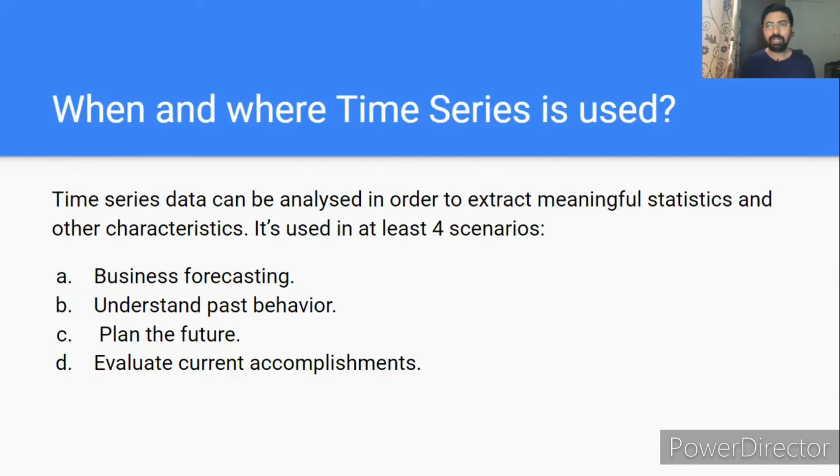It can be used for business forecasting, like what could be the sales in my next 5 years, or it can be done for history and present as well, like understanding the past behavior of any symptom or characteristic, or evaluating the current accomplishment. But we will be concentrating on future forecasting using the univariate time series data model.